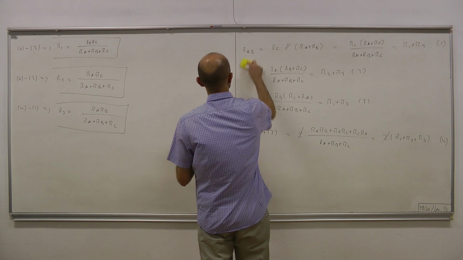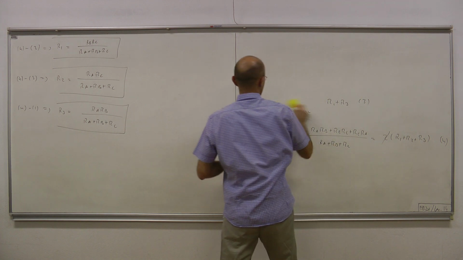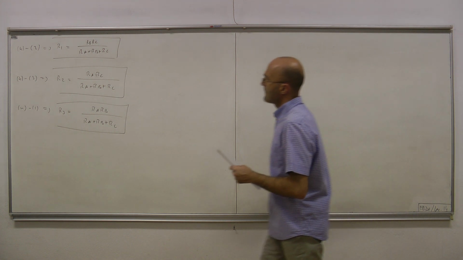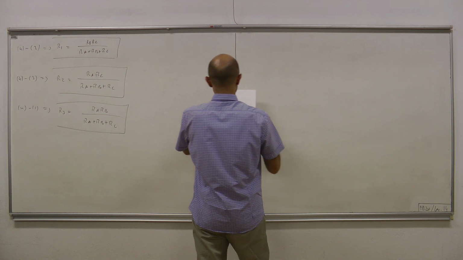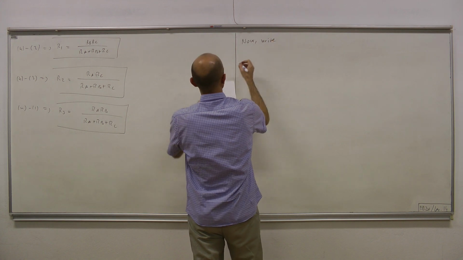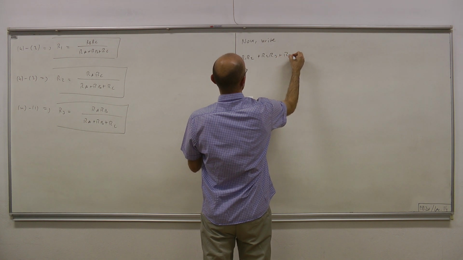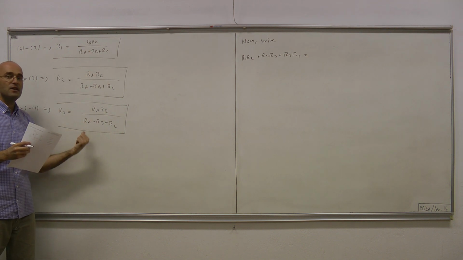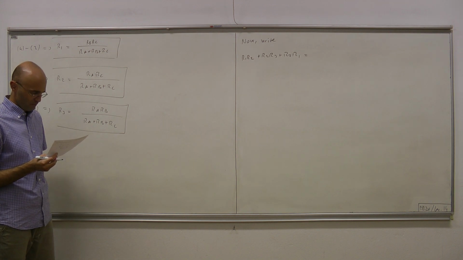Now we write R1 R2 plus R2 R3 plus R3 R1. Here we have R1, R2 and R3, and then using these equalities, we're now writing that R1 R2, R2 R3, and R3 R1.